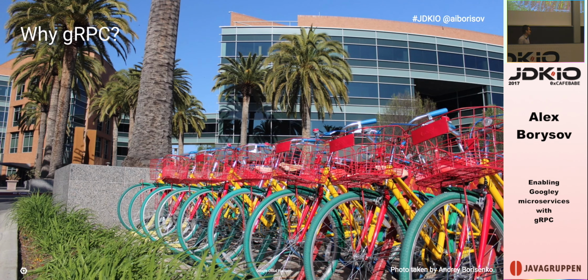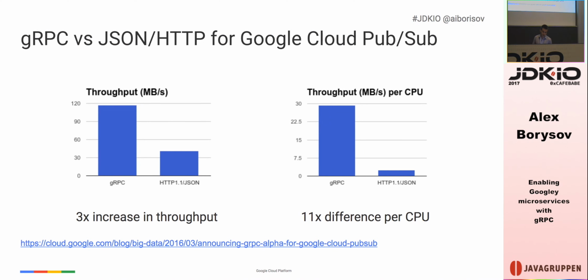Here you can ask why Google decided to reinvent the wheel. Why didn't it use some of the existing approaches like REST over HTTP, which is the de facto standard in the industry today? Let's look at a simple example. The Google Cloud PubSub team used to provide their client libraries built with JSON over HTTP.